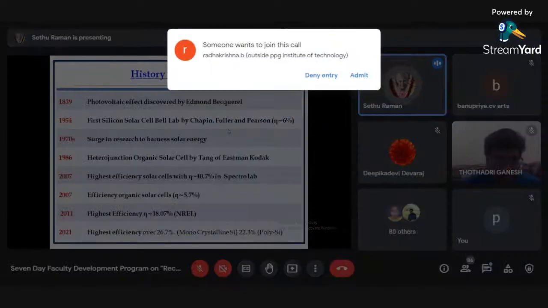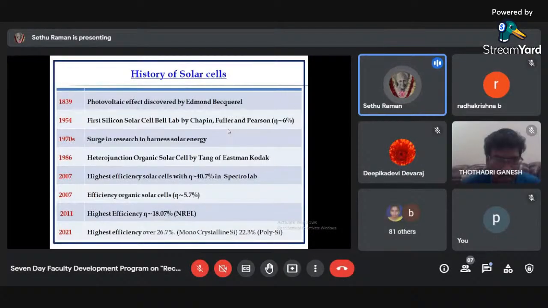The history of solar cells: in the year 1839, the photovoltaic effect was discovered by Edmond Becquerel. Later came the first silicon solar cell at Bell Labs, by Chapin, Fuller and Pearson, who achieved a power conversion efficiency of 6%.